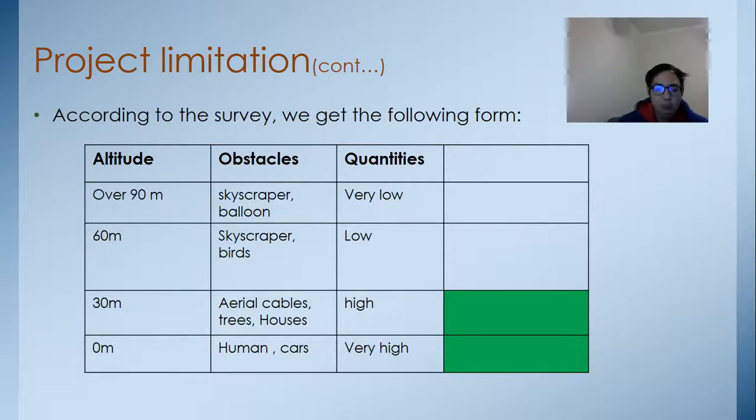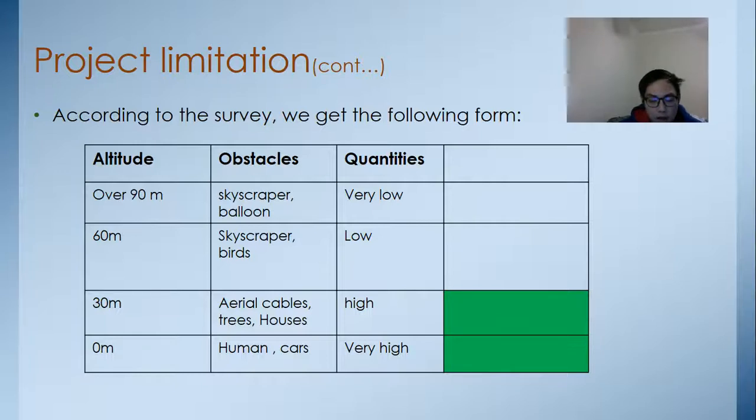In this slide, we can see that if the altitude is over 90 meters, there are very few obstacles. There are only skyscrapers and maybe some planes. So the higher the altitude the quadcopter can reach, the fewer obstacles there are. But our project can only reach maybe from 30 meters to 60 meters.